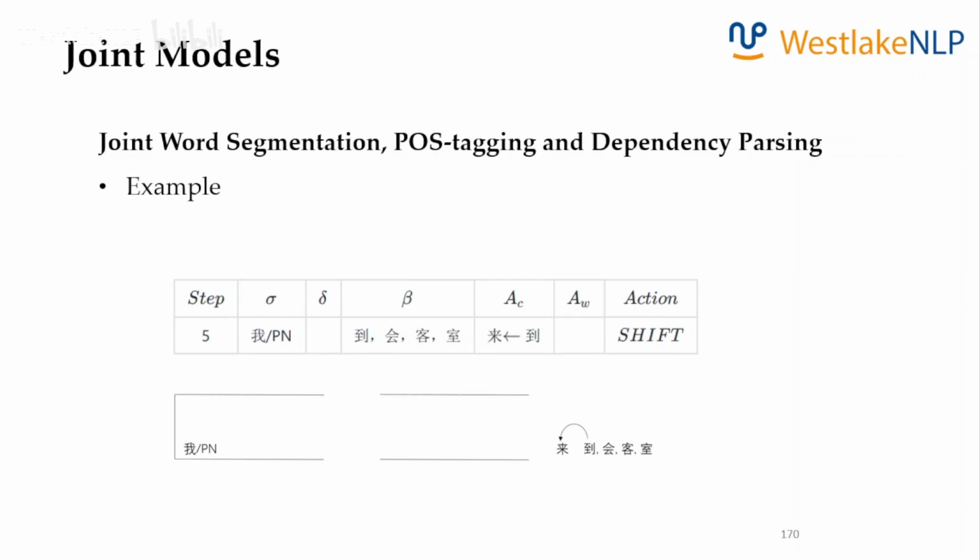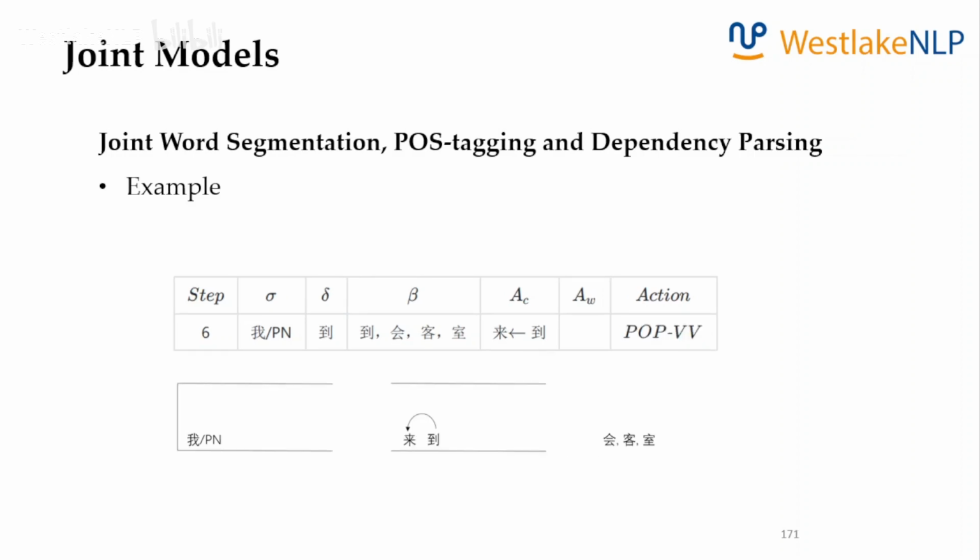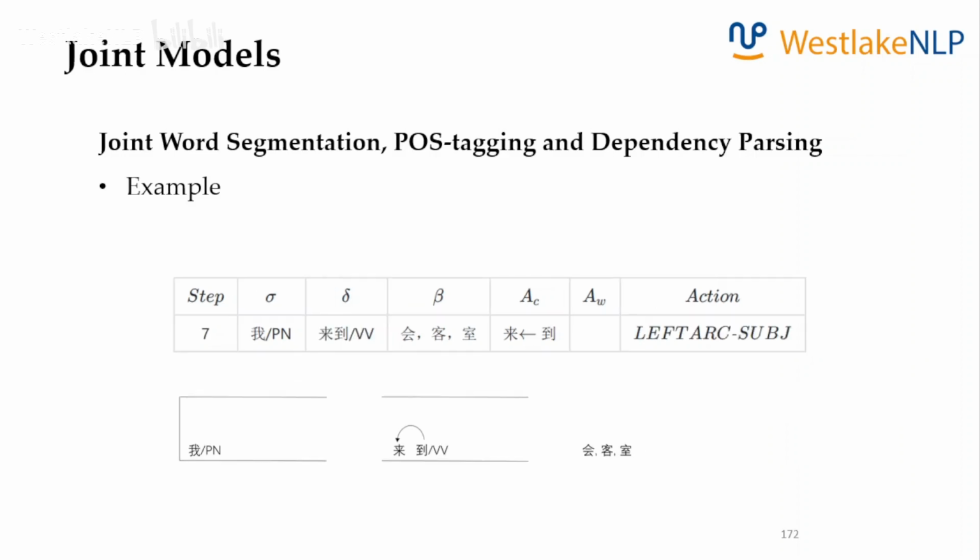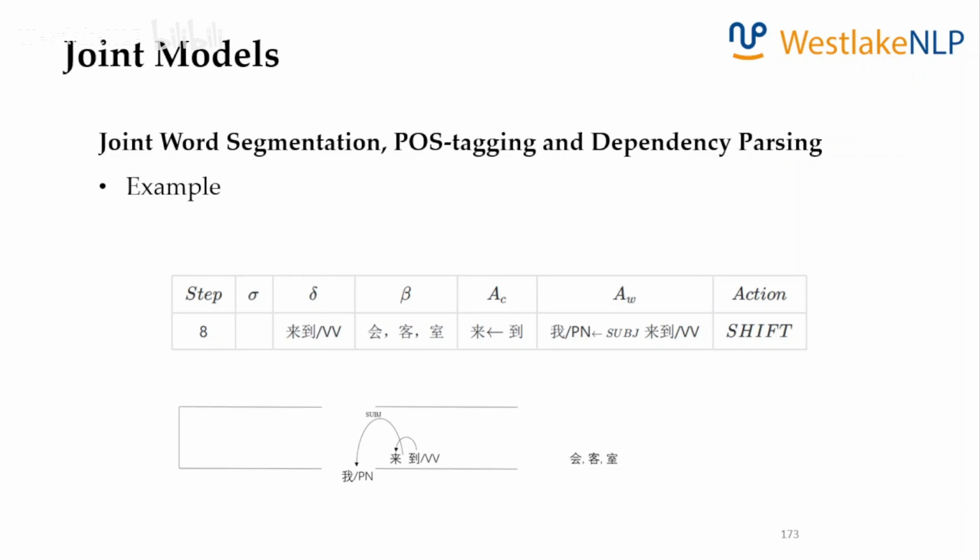And then I finish this word. I make Lai Dao a verb. And then I shift Lai Dao. Oh no, and then I do a left arc, okay, to make 我 a subject of Lai Dao. And then I shift Lai Dao onto the stack sigma.